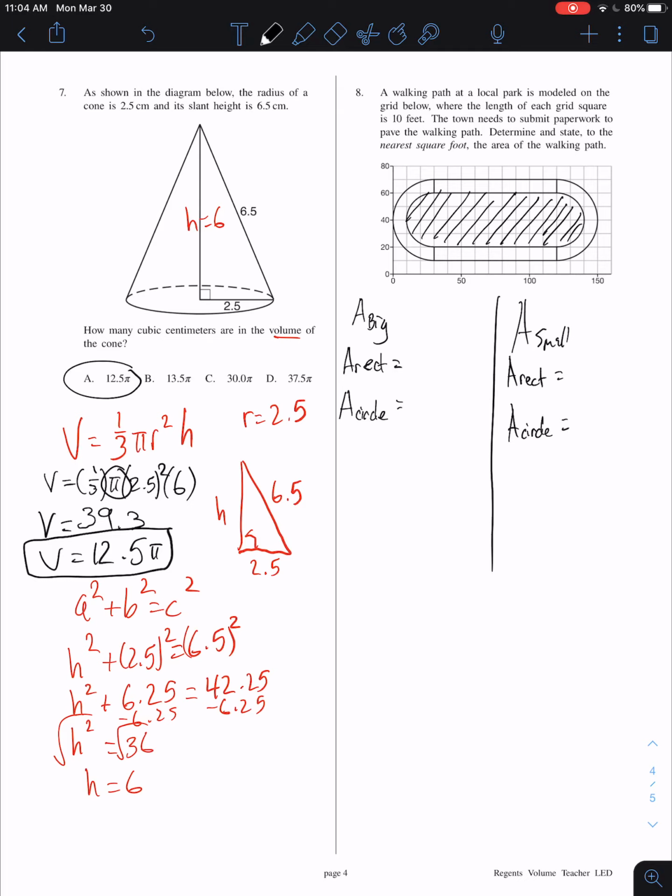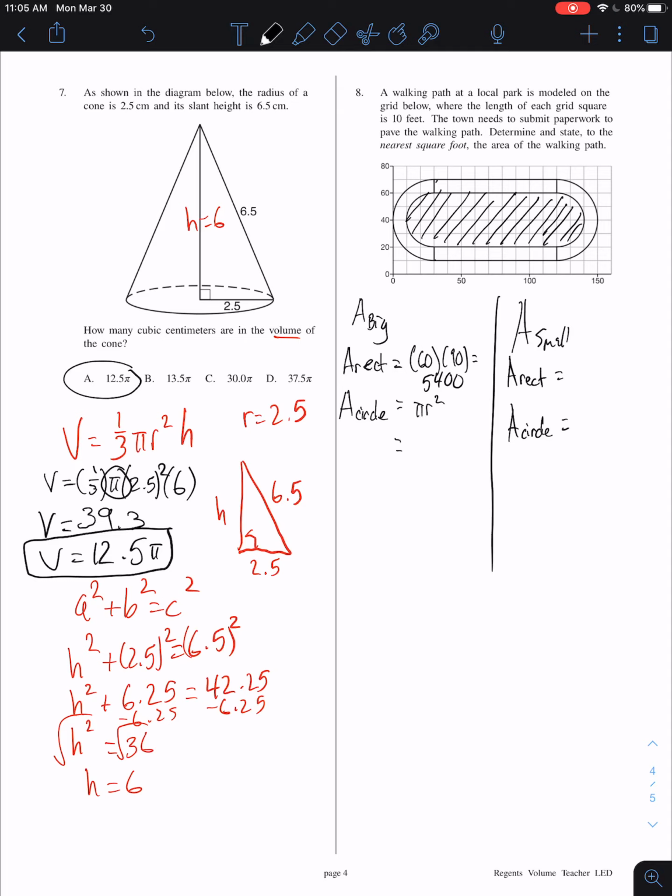So for the area of the big rectangle, I go from 70 to 10, making its width 60. And then I go from 30 to 120, making that 90. So I can multiply 60 times 90, and I get 5,400. Now for the area of the circle, I'm going to use the formula pi r squared.